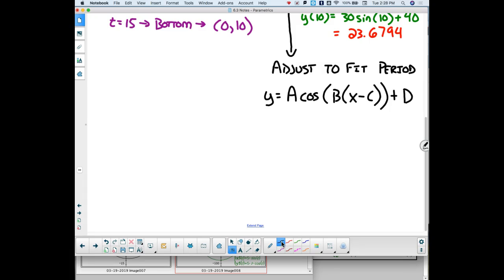This ringing a bell a little bit? In that, if we remember correctly, a was our amplitude. That was the height of our wave. Correct? Well, in this case, a is going to be our radius. Okay? B was our period.